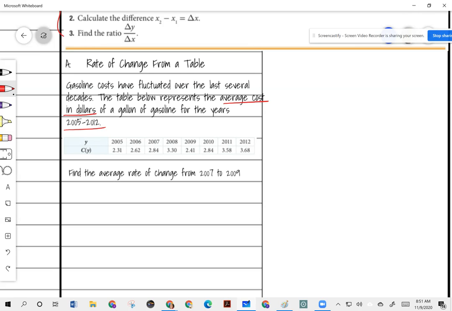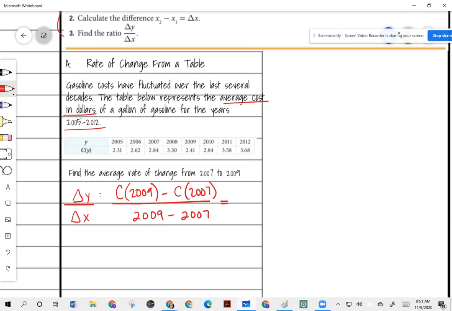All right, so what we're going to do is, remember, delta Y is going to be found by plugging in the value of x sub 2 minus the value at x sub 1. And then delta X is going to be the change in the input, so from 2009 to 2007.